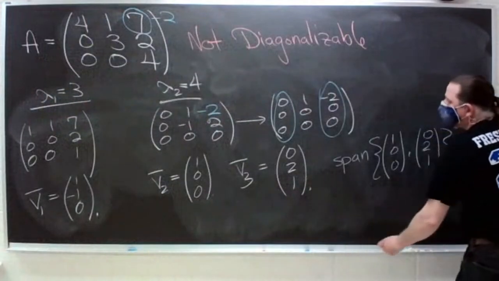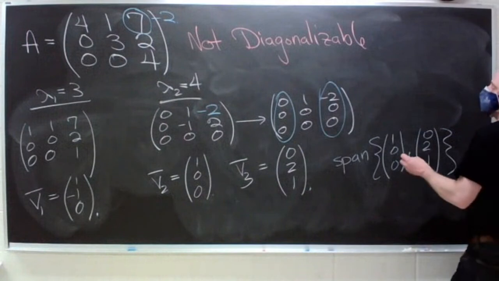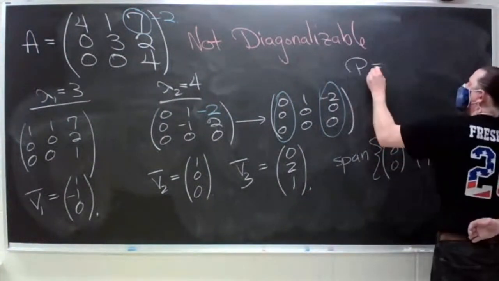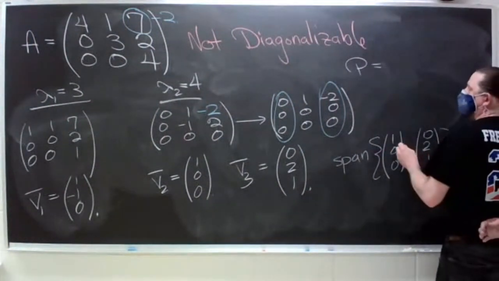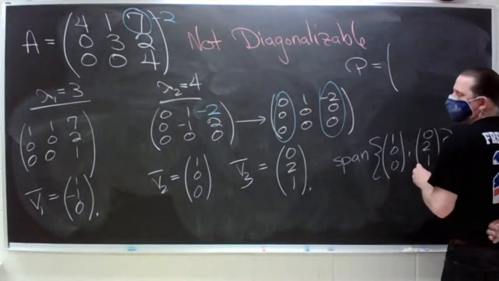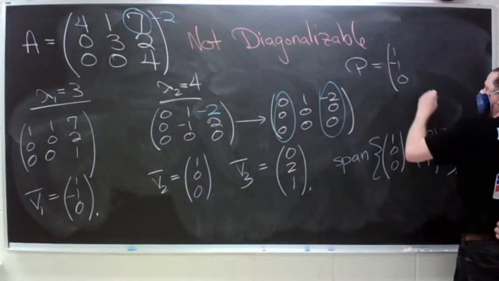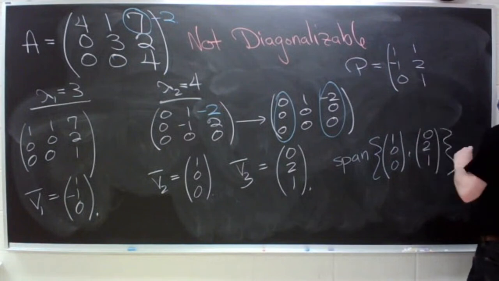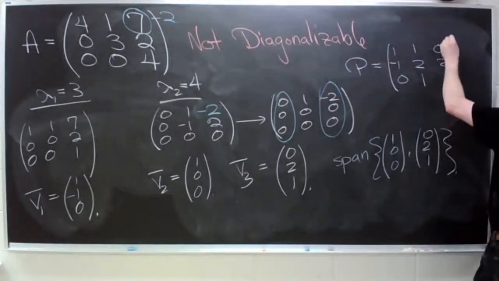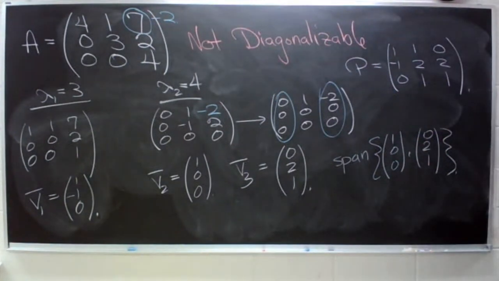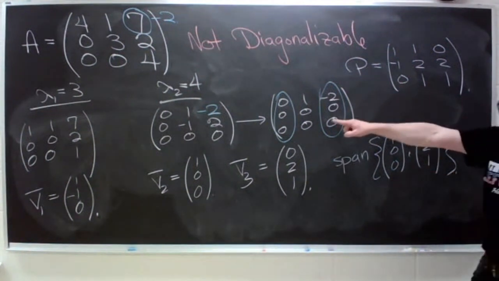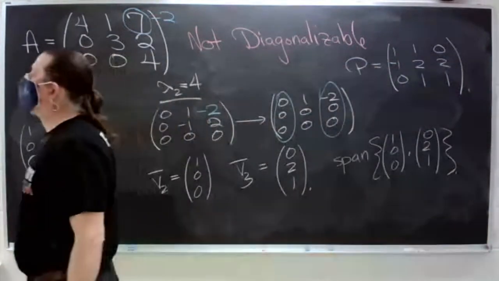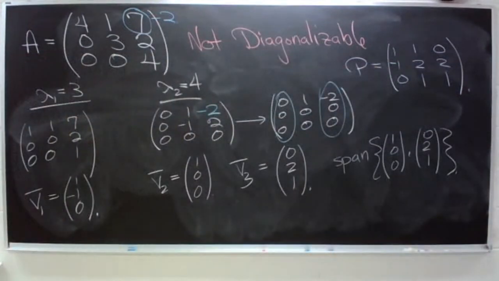So if I were to take P as that, notice what I did, I used the eigenvector associated with eigenvalue 3.